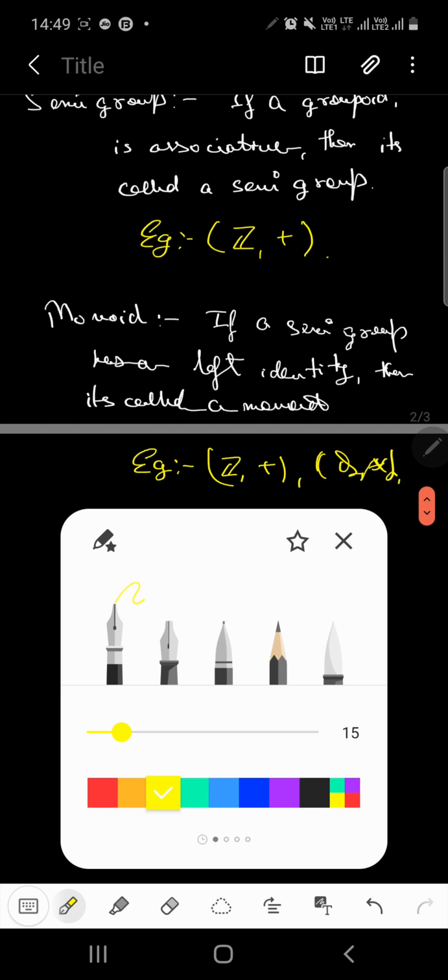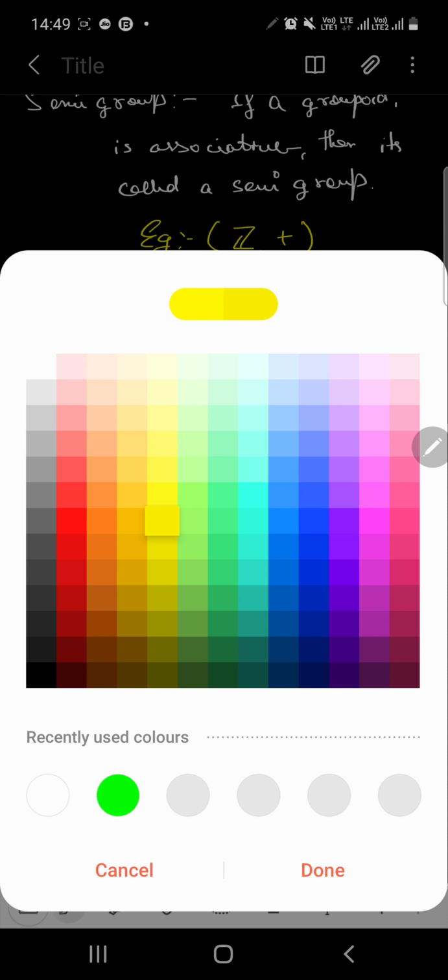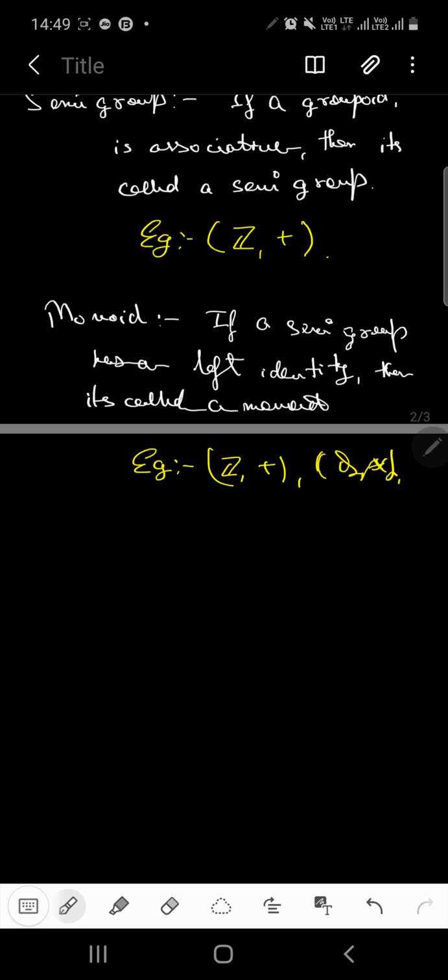Next, you have the last condition, which will finally form a group, and you call it a group itself.